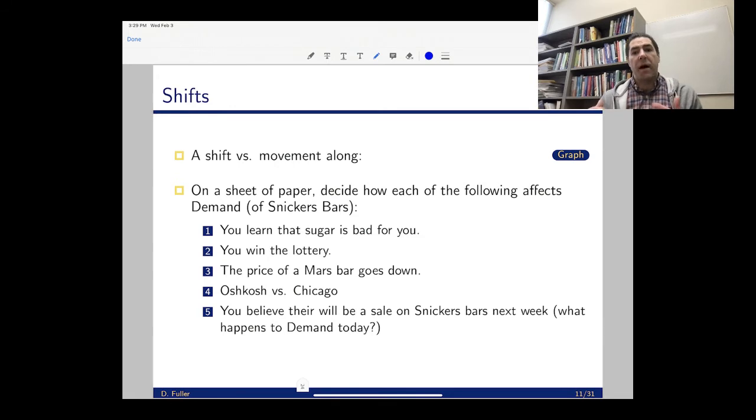It's important to try these on your own, because in guessing one way and then learning it's slightly different, that's really how you learn the material best. So really pause this, and write down whether you think this is a shift to the right or left in the demand for Snickers bars.